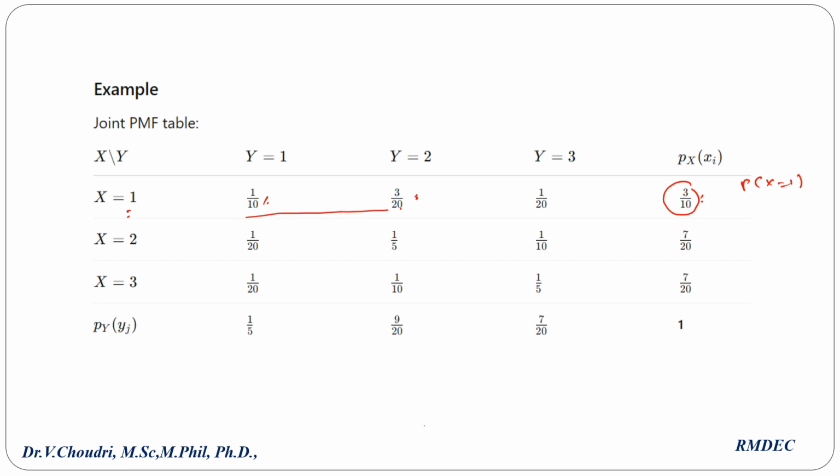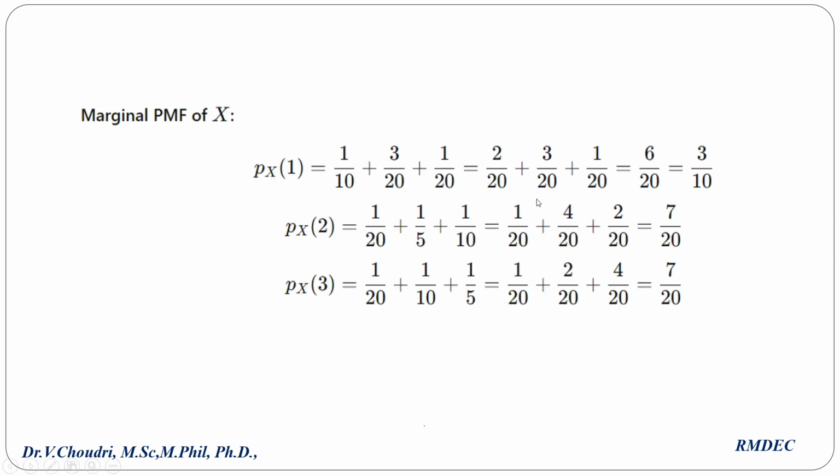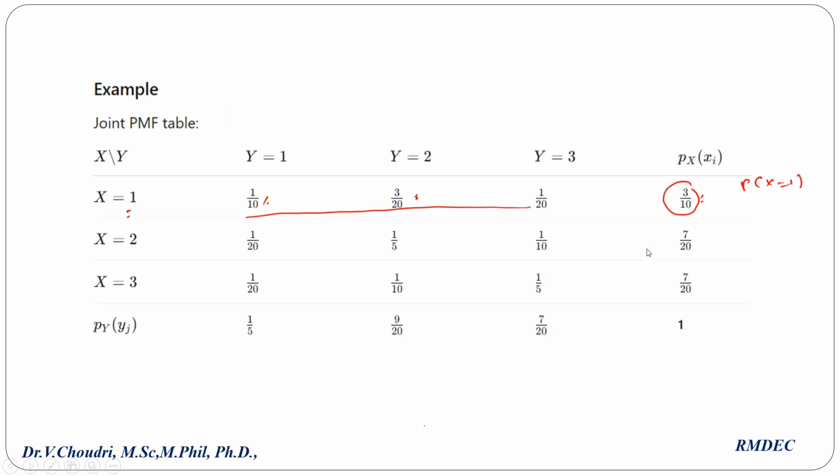Add these rows: 1/10, 3/10, 1/10. Take the LCM 20. So 1 into 2 is 2, 2 plus 3 plus 5 is 5, plus 1 is 6. 6/20 equals 3/10.